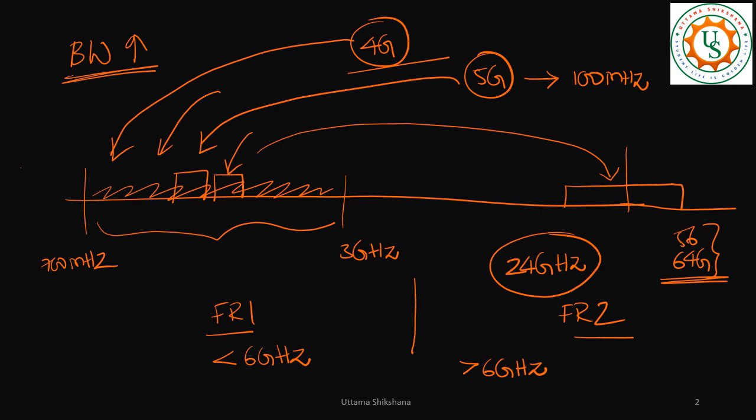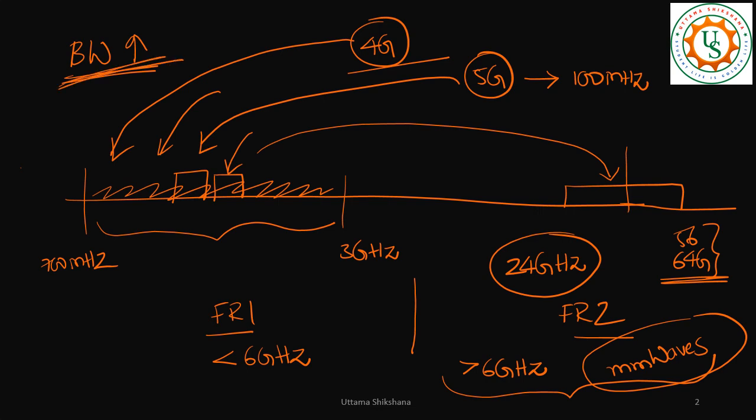So this band is nothing but us entering into millimeter waves. Now you have the clarity why we entered into millimeter waves. This is one major challenge when we increase the bandwidth. That's why we had to move to millimeter wave.